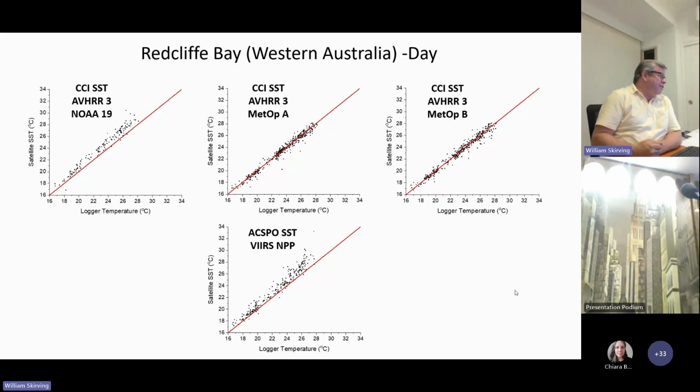The odd thing here, and this is odd because it's out of character given the other locations, CCI on NOAA 19 is all above the line. So I can't help thinking there's something screwy gone on with that particular set of retrievals, but this is something that will be intriguing to try and work out. Why is it like that? Looks pretty much the same as Axpo, doesn't it?